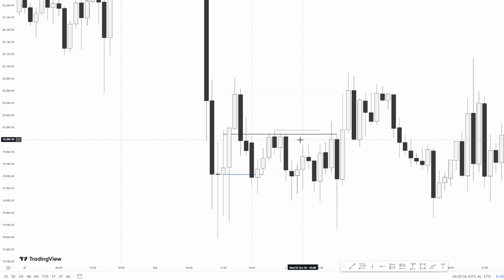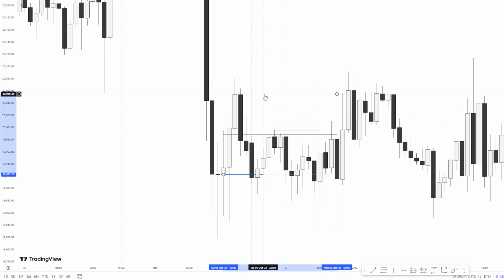So we didn't, which was good in New York. So the news was at 8:15, and we opened 8:30, took out the high, and what did we do? We closed back below the mean threshold of this and below this highs.